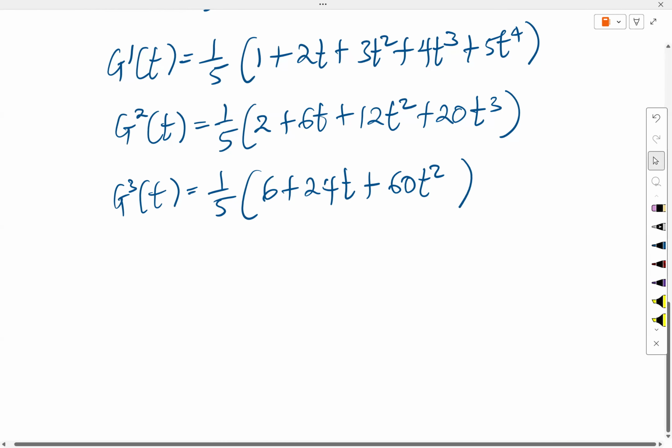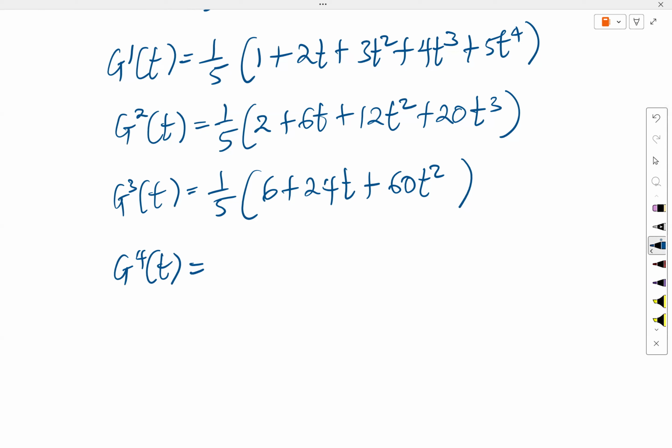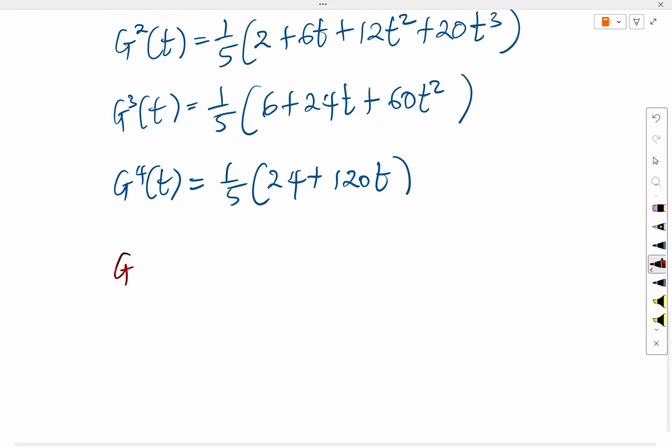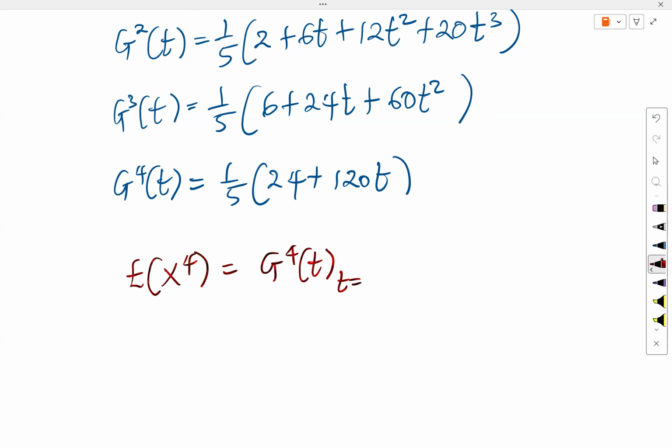That's the third derivative. And then the fourth derivative, what we actually go into, because we need the fourth moment of the random variable x. So that's 1 over 5 into, differentiate 6, that's gone. Differentiate 24t, you have 24, plus differentiate 60t squared, that's 120t. Now you remember that the expectation of x raised to power 4 is the fourth derivative of g of t evaluated at t equals 1.